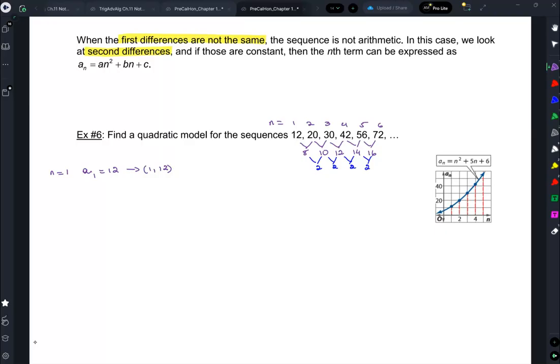Is that right? Okay. When n equals 2, a sub 2 is 20. So that's 2 comma 20. Yep. n is the x. A sub 3 is 30. 3 comma 30.